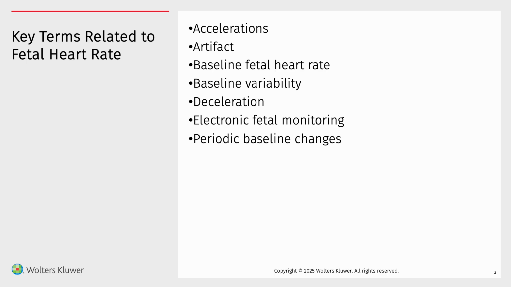Electronic fetal monitoring is continuous or intermittent monitoring of the fetal heart rate and uterine contractions, usually with external or internal devices. Next is periodic changes, which are temporary fetal heart rate deviations related to uterine contractions, such as accelerations and decelerations.